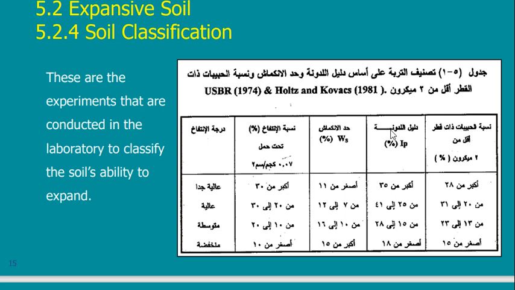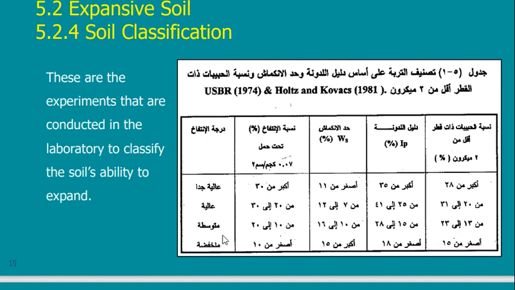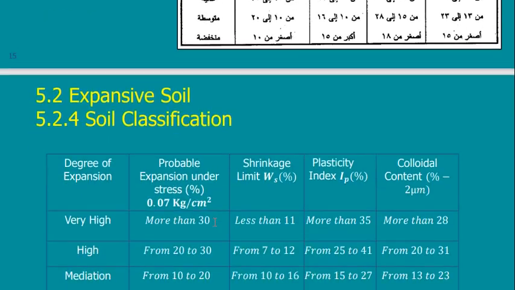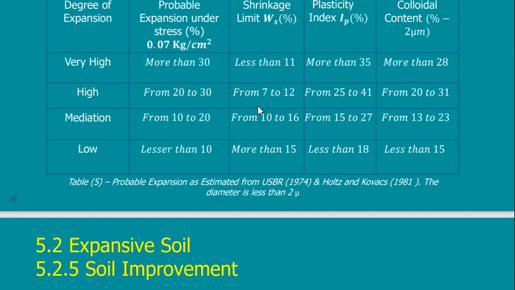So based on these Atterberg limits, I may be able to classify the degree of expansiveness of this soil. So there are ways in site investigation that we can classify, and we can say that this is very high expansive, this is very low expansive, and so on. This is the translation of the table.